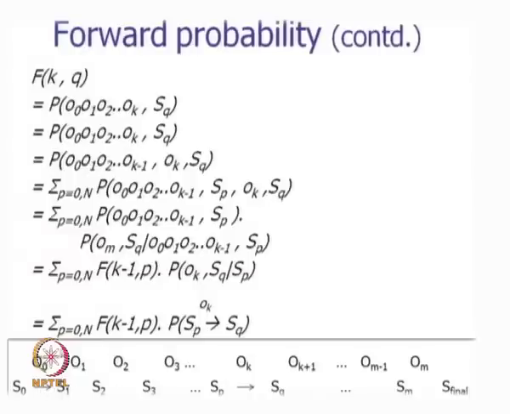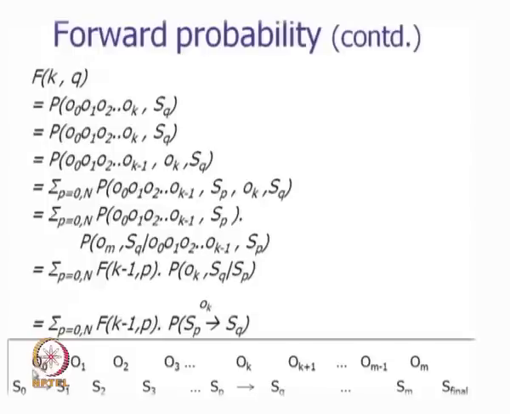So, the picture shown here clarifies a lot of issues regarding this situation. So, S 0 is the starting state, S 1 is the next state, which can be one of the states which are the constituents of the hidden Markov model.